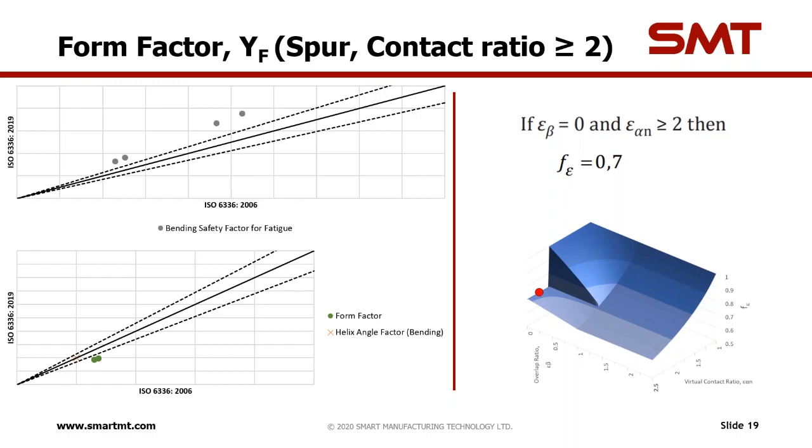We are talking about a spur gear, so the helix angle factor is equal to 1. And the form factor calculated will be 70% of the previous value, which results in a 33% increase in our safety factor.